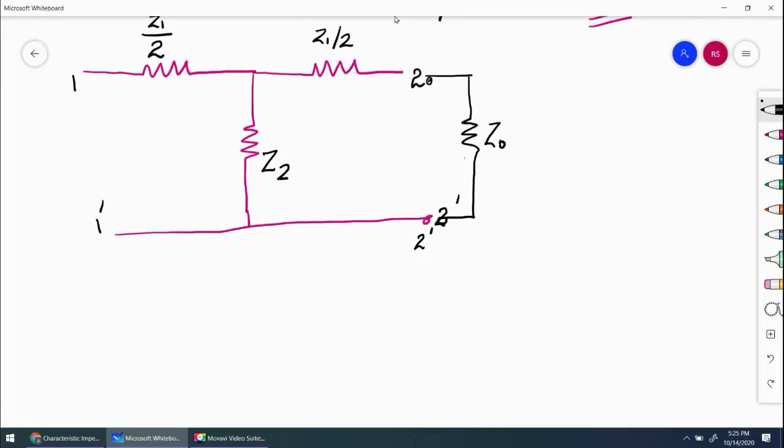So the value of the input impedance for the T network when it is terminated in Z0, we need to calculate.